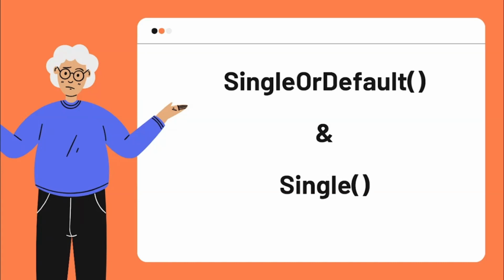But suppose we are sure there is only one record, like when we have a primary key or a unique key, so only one record should be there. At that time we can use SingleOrDefault. SingleOrDefault is used for returning only a single record. If there are multiple records in the list, then we get an error.